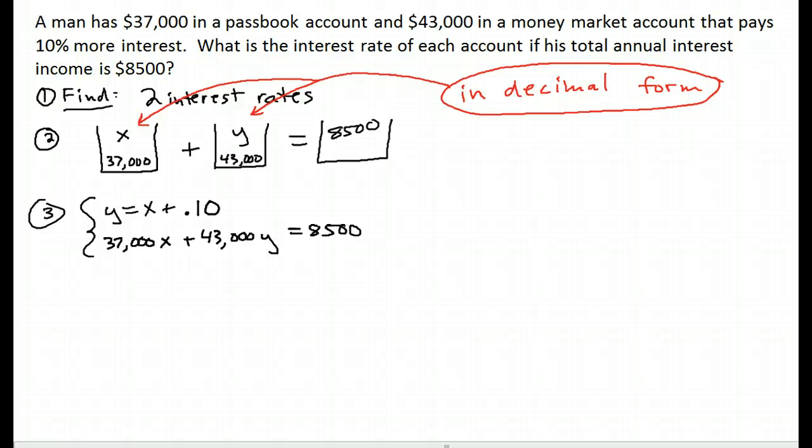Alright, it's time to solve it. This one is set up pretty nicely for substitution as long as I don't clear the decimals. So let's look at that for a second. I've got 37,000, 43,000, 8,500.